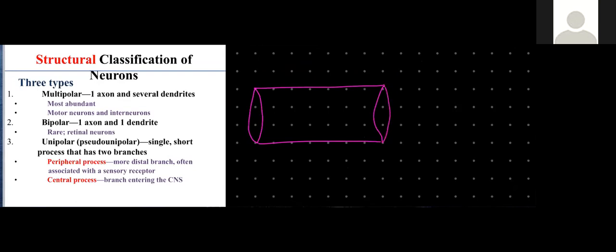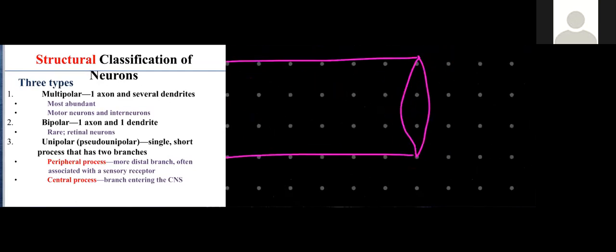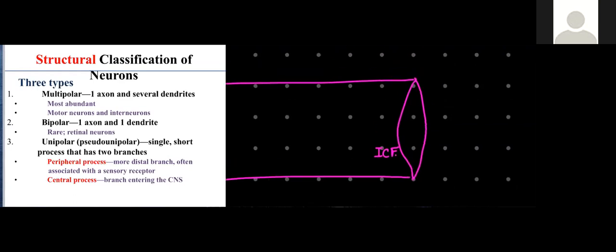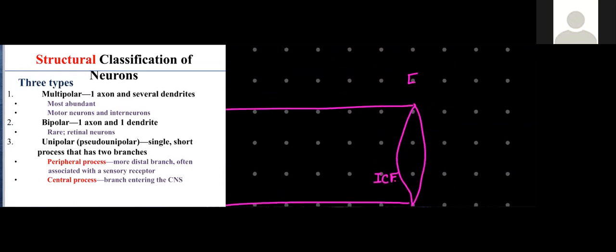So what we're looking at in here, this is going to be the cell membrane. This is my intracellular fluid, the fluid inside the cell, which is the cytoplasm. And we call the fluid outside of the cell my extracellular fluid.